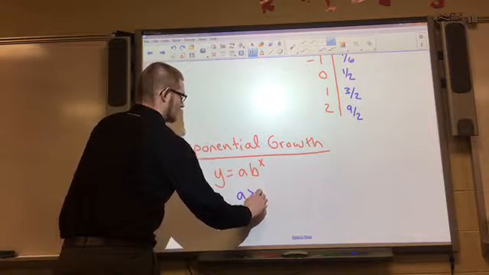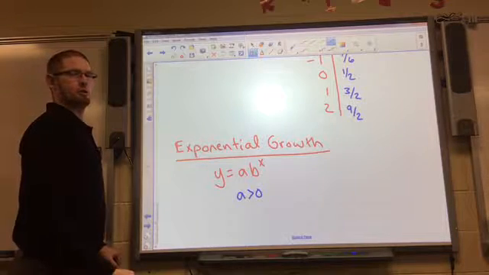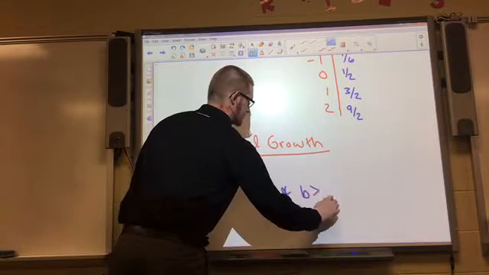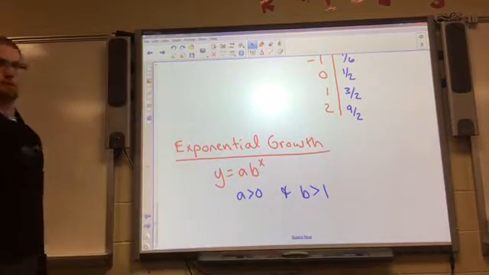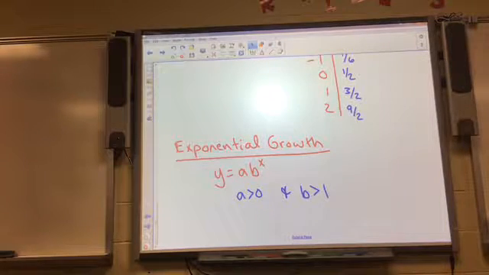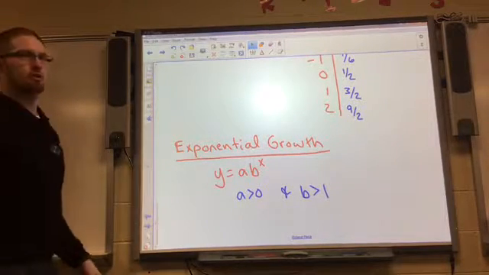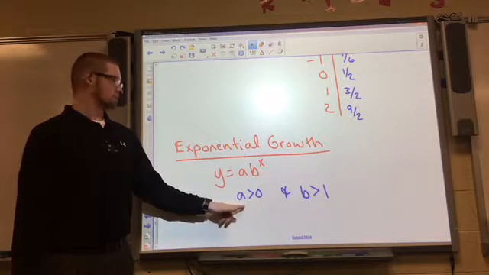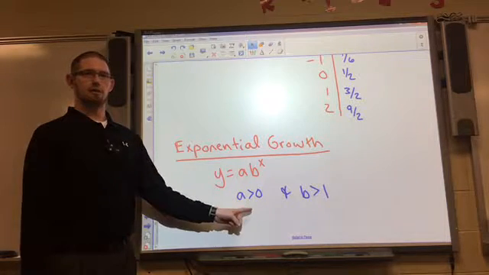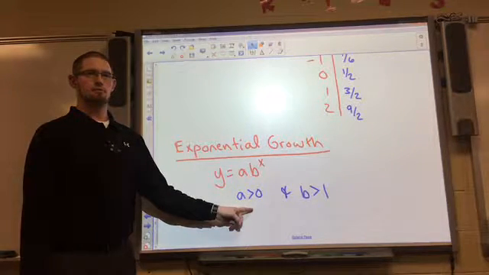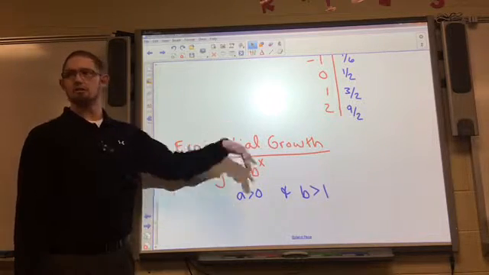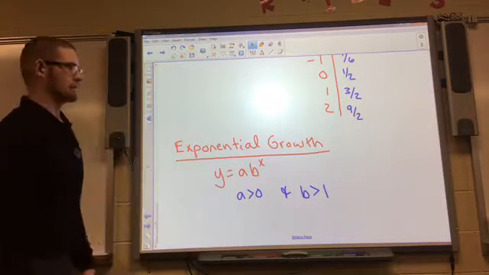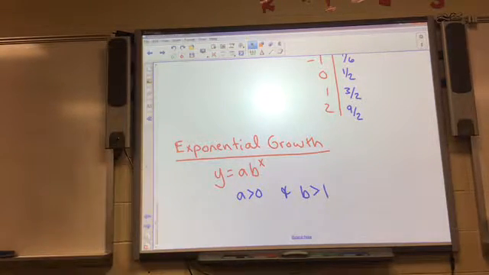A is greater than 0, and we already know b is bigger than 1. So to make that an exponential growth function, your a has to be positive. What do you suppose it would be called if it was negative? It'd be decreasing, so we'll talk about that later. It's actually going to be called exponential decay. Growth and decay, so we're going to be working with growth and decay functions.